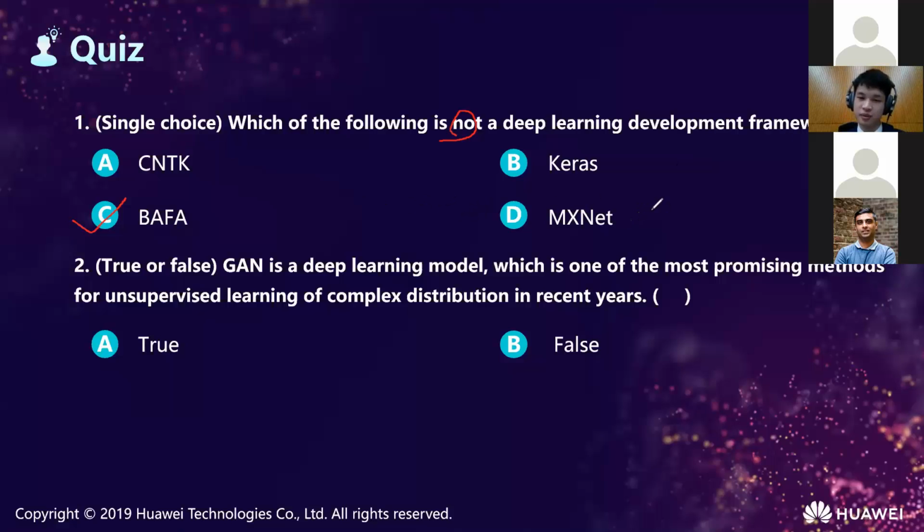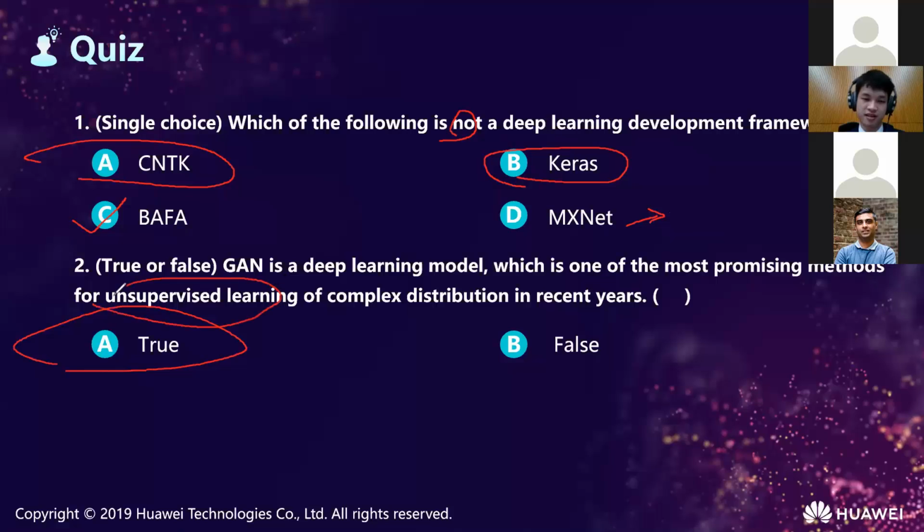That one was proposed by Microsoft, and Keras is what we used. And okay, that is also one of the frameworks. And again, it's a deep learning method. Of course, yes. It uses unsupervised learning to generate some images and sentences. Okay.